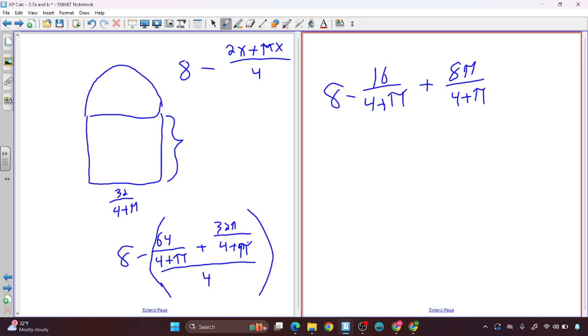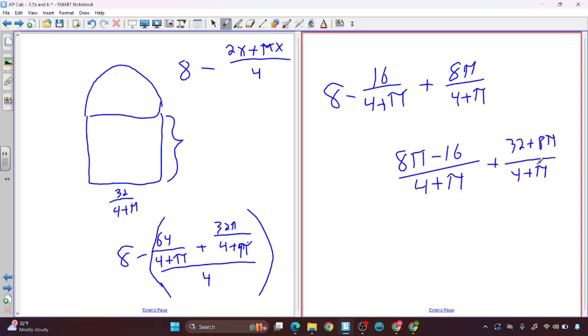I'm guessing we need to just do a common denominator here. So let's do this. We have 8 pi minus 16 over 4 plus pi. And then we'll add 4 plus pi. And what we need to do is we need to have 8 of those. So I think we need to have 32 plus 8 pi.